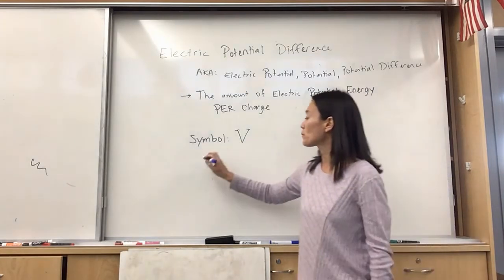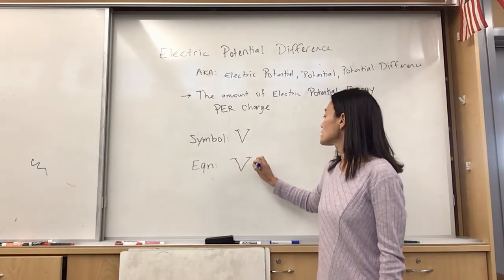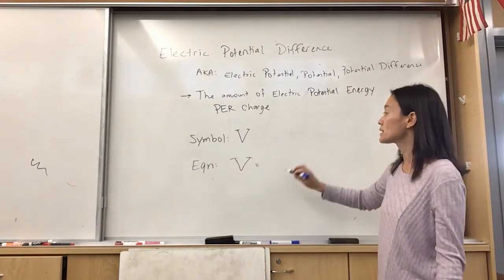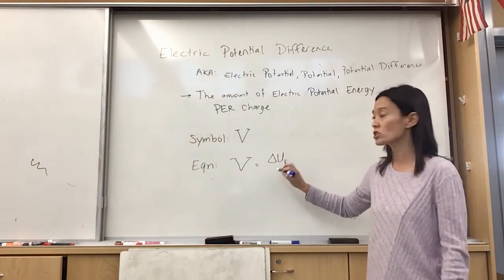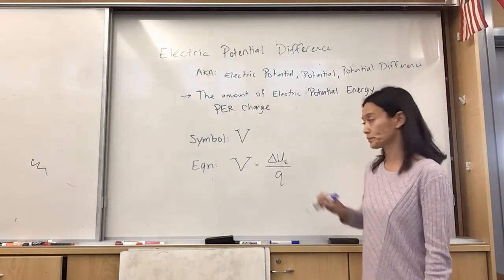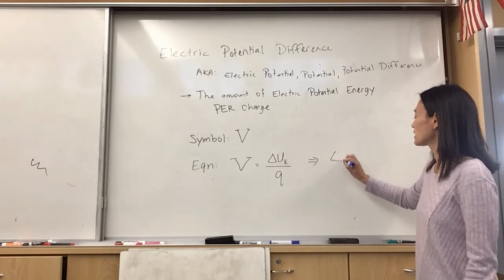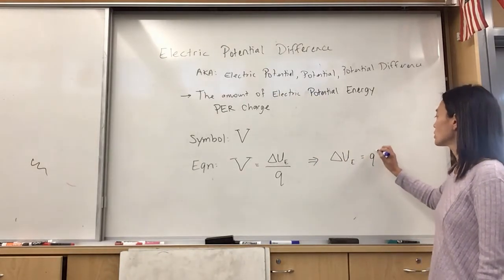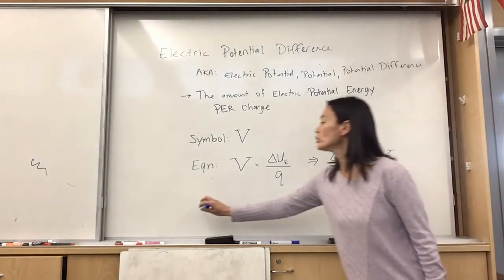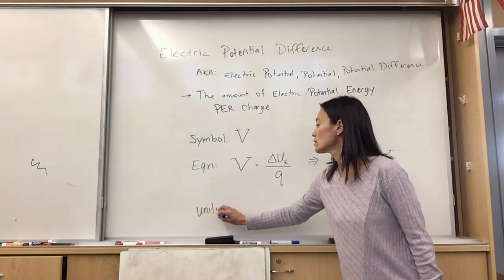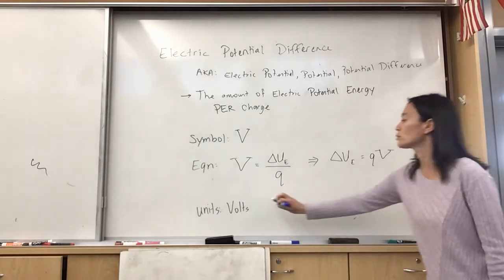The equation for this is the electric potential energy in our system divided by Q. Sometimes we see this rearranged so that the potential energy is equal to QV as well. Same thing. The units for this are volts, and we abbreviate that as capital V.